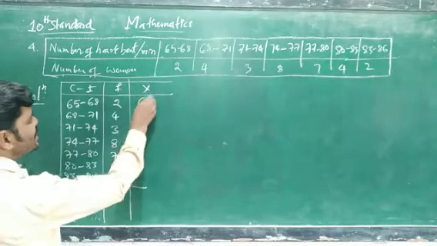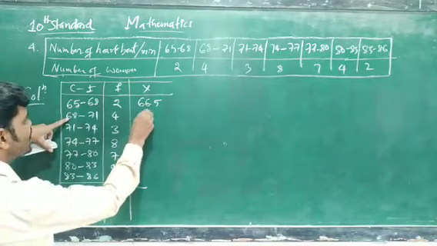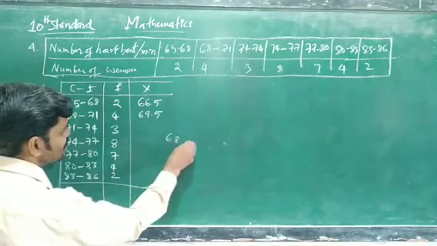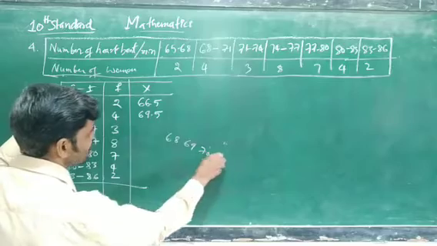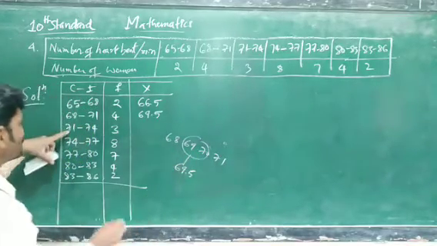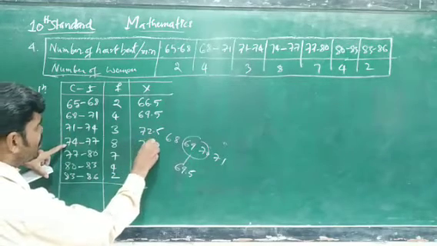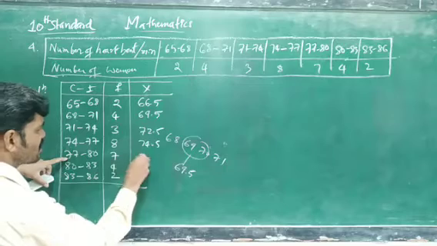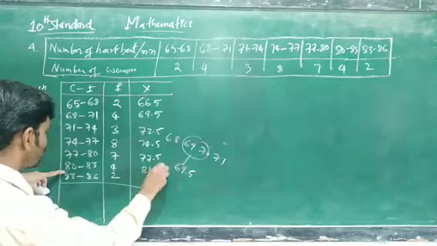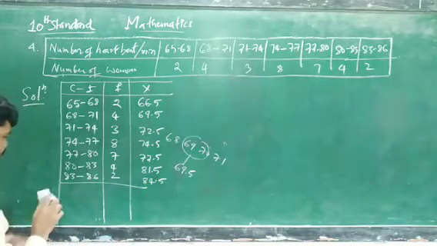Then 68, 69, 70, 71: the middle number is 69.5. So here 72.5, 74.5, 77.5, 81.5, 84.5.